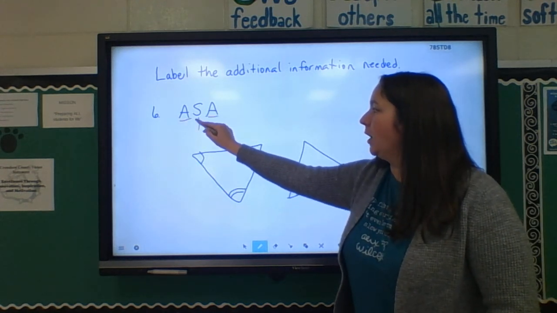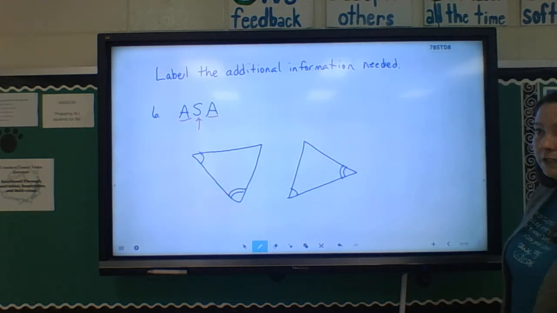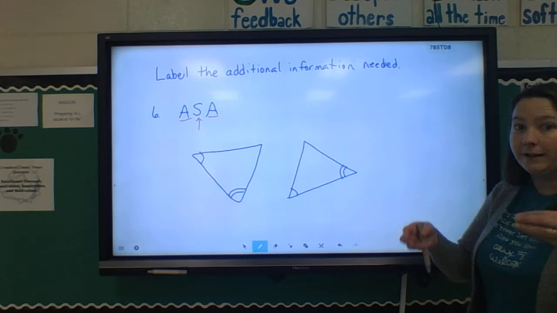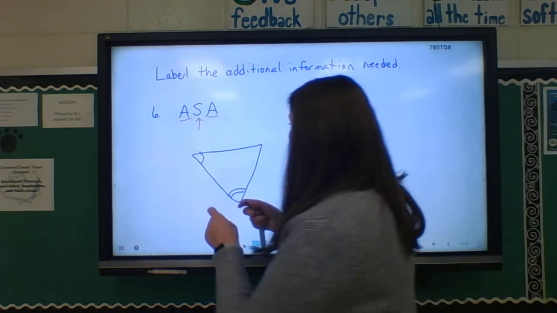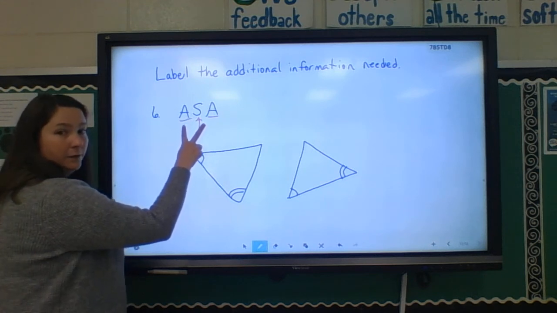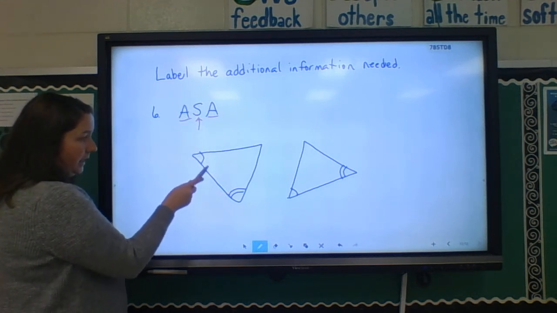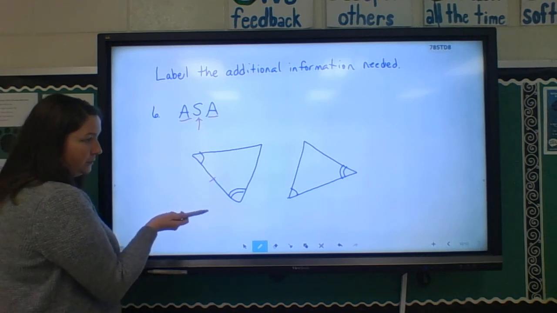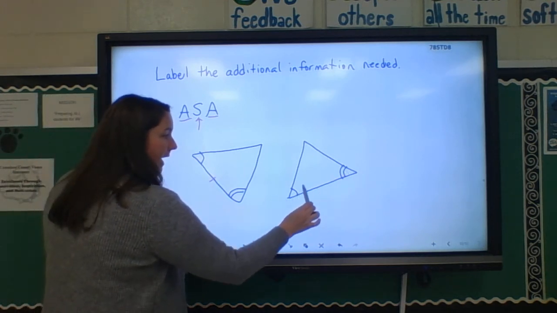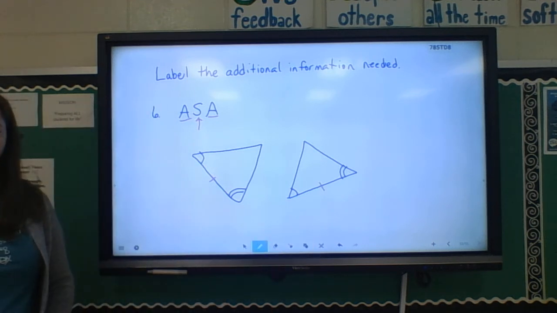So where am I going to put my marking for the side? In between the 2 angles. The word side is in between the 2 angles. So my marking has to be in between the 2 angles.